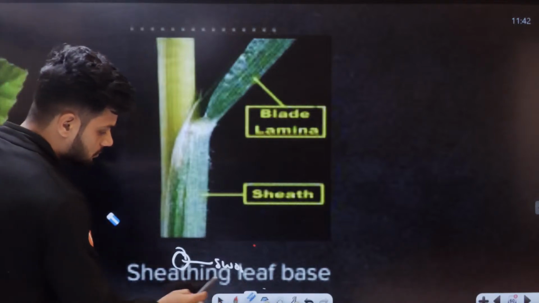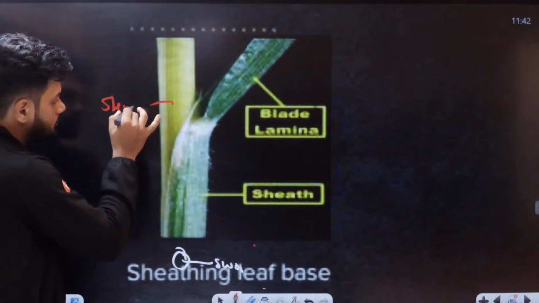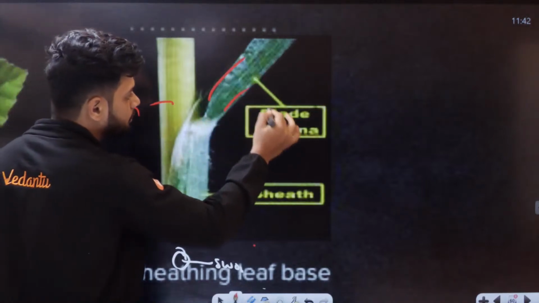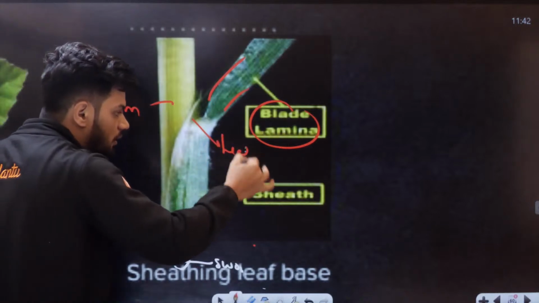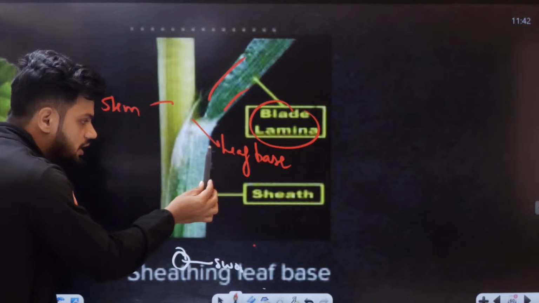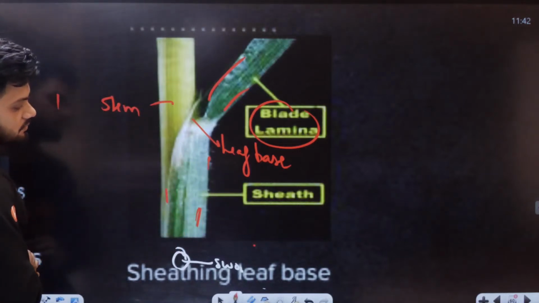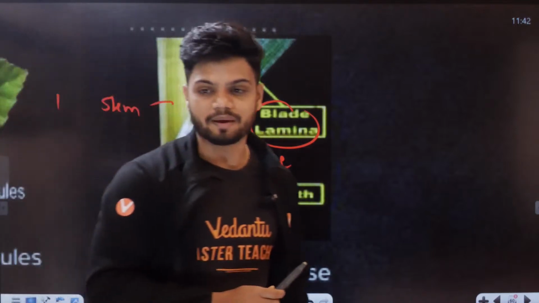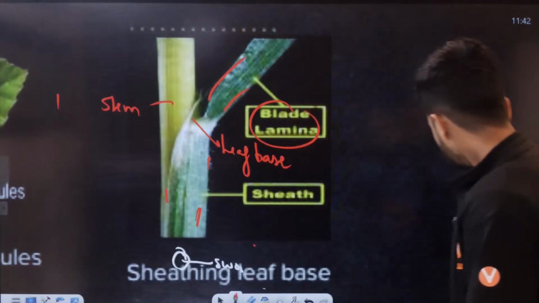This is the stem, this is the leaf blade, and this is the leaf base. The leaf base here is partially covering the stem itself. That is called a sheathing leaf base.